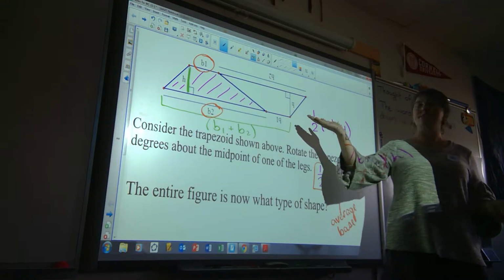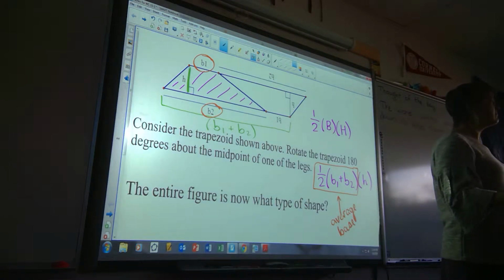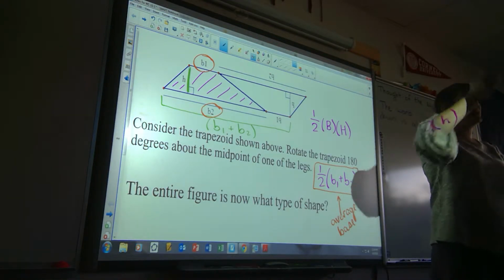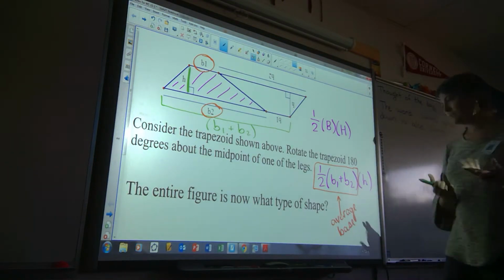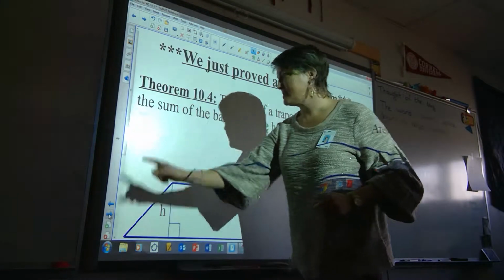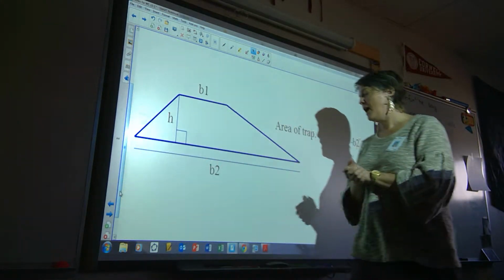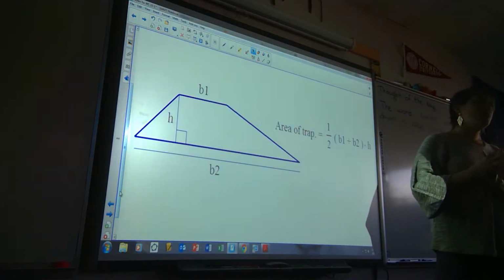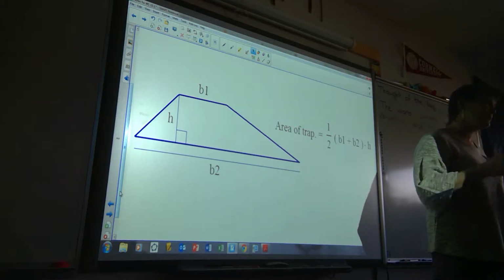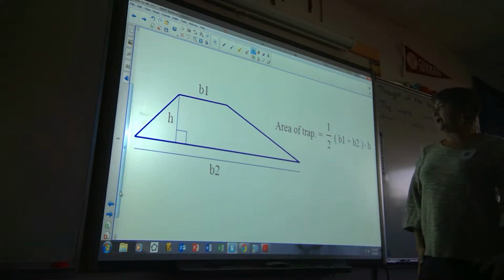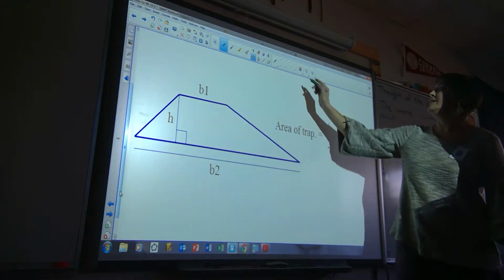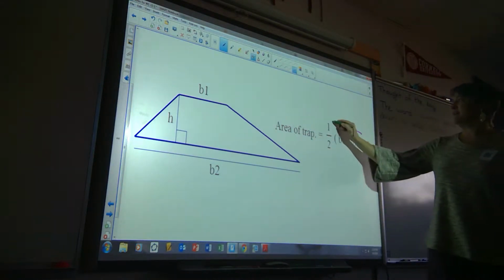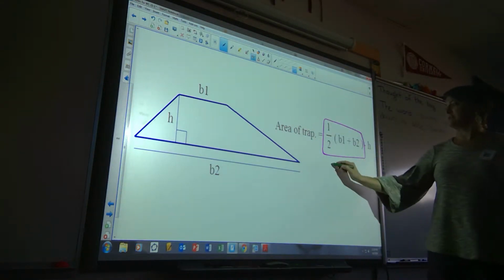So then you can think of this as, it's just base times height, but since the bases are different, I need to average them out. Okay? And so here's your formula. I don't think it matters which one you call B1 and which one you call B2. It really should not matter. But I do like the idea that this is sort of the average of the bases.